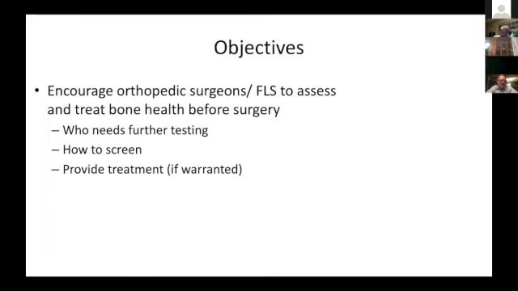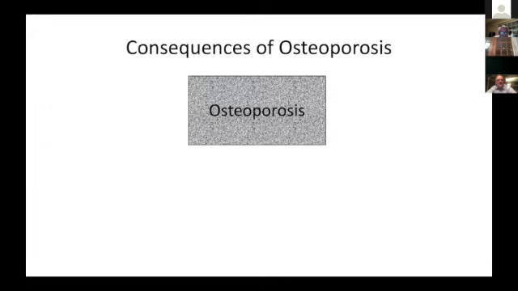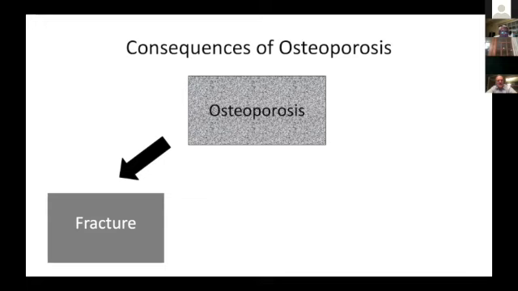I'm going to cover three areas. Who needs further diagnostic testing, that is like DEXA examination, how to screen for this, and then how to provide a treatment if warranted.